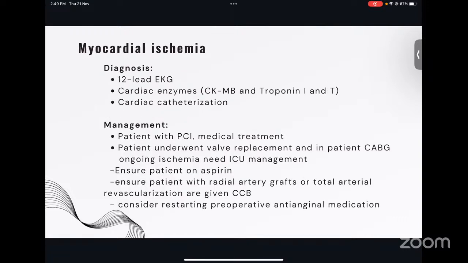To diagnose myocardial ischemia, we start by taking a careful history; the characteristics of the pain will help us identify the cause.